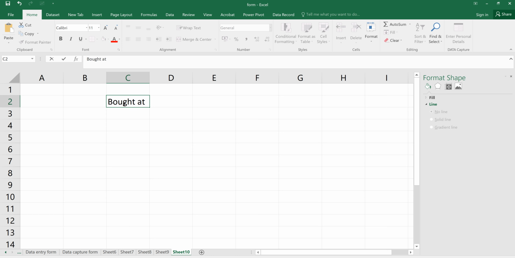Go to the next cell, and then the price sold at, on this day too, 49.